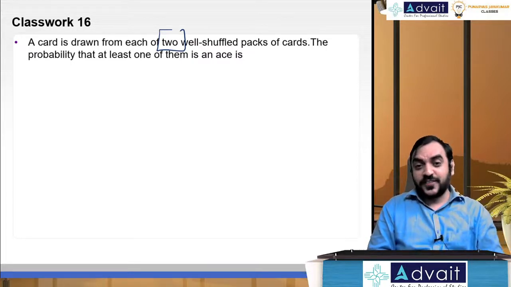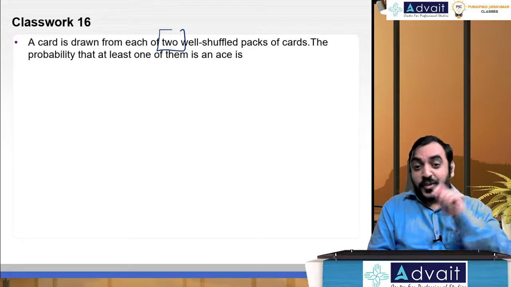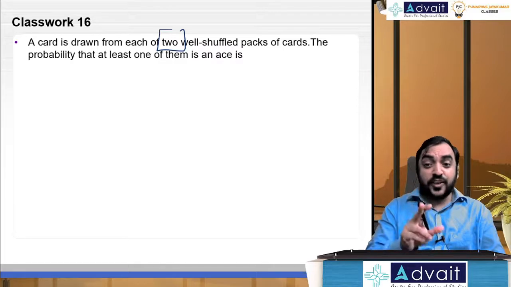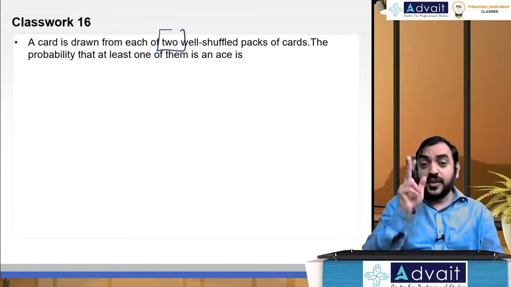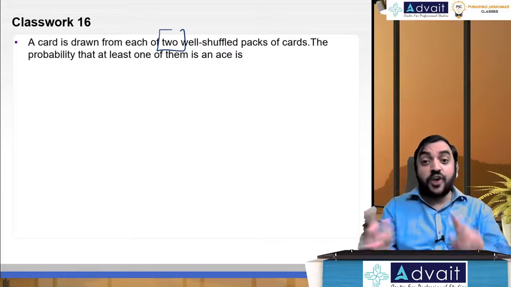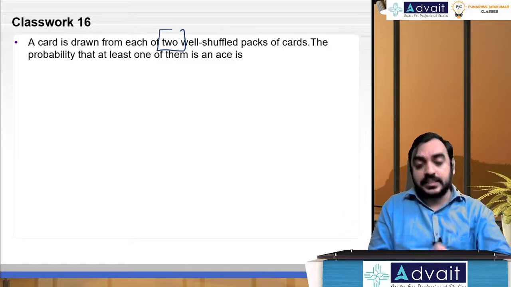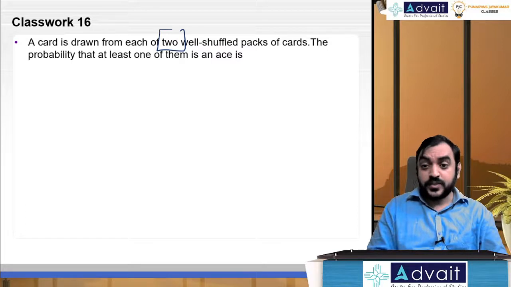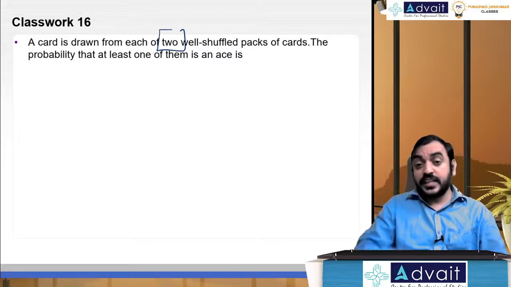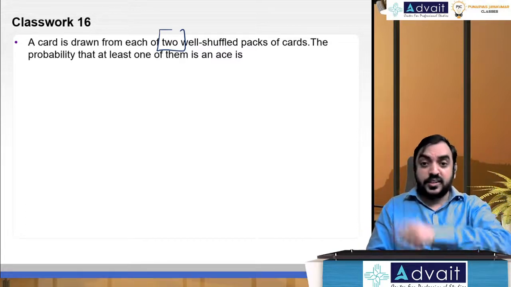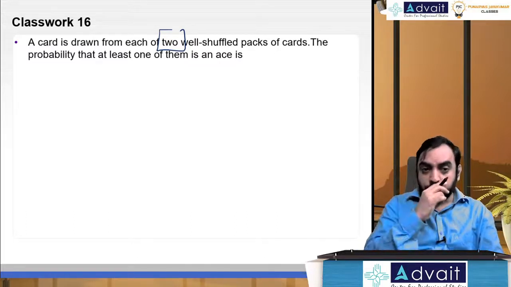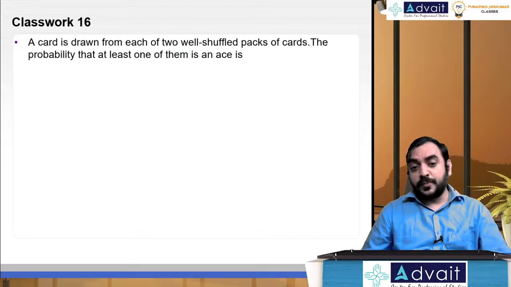Institute knows very well. So to make you miss these things, they'll have a question like this. So be very careful, especially when they give the data of numbers in words like TWO, ONE, FIVE, instead of giving the symbols. There, be extra careful. The probability that at least one of them is an ace is.